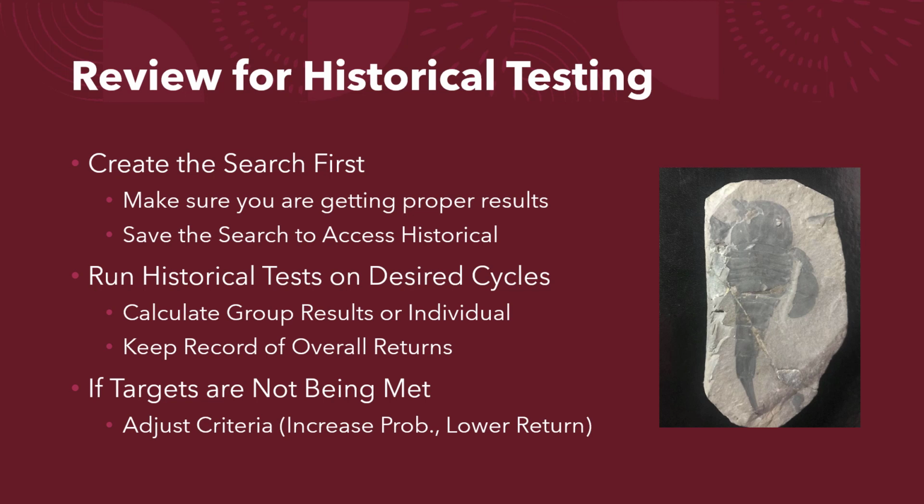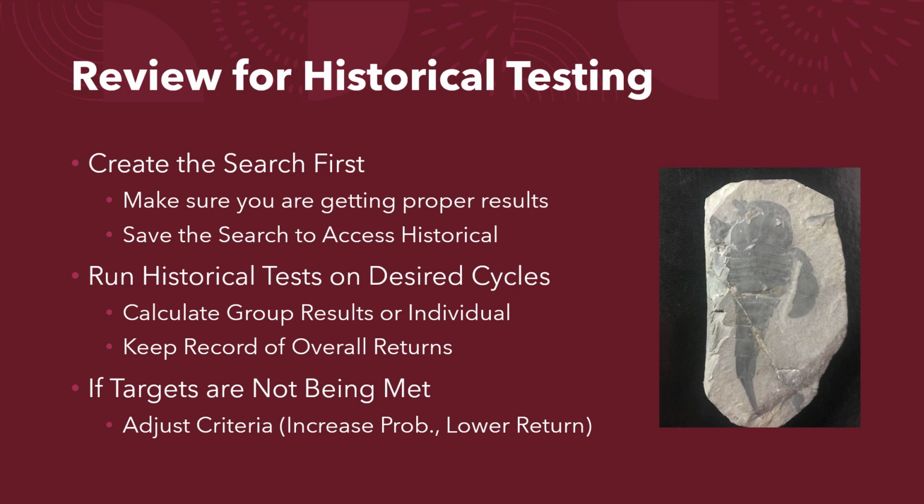Now, after the first 2 or 3 cycles of backtesting, if you realize your targets are not being met, you're expecting an 80% win rate, but you're only seeing 60 or 65%. You're expecting an average of a 9 or 10% return, but on average, you're only seeing 2.5 or 3%. That means that the criteria you're looking for aren't meeting your goals of the strategy.